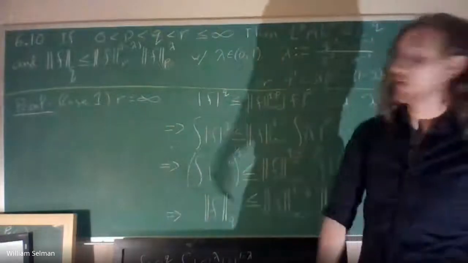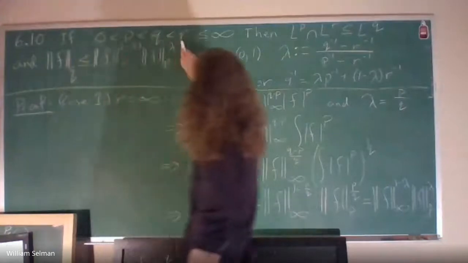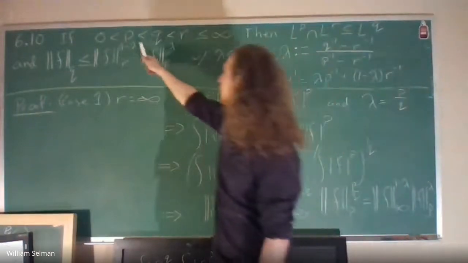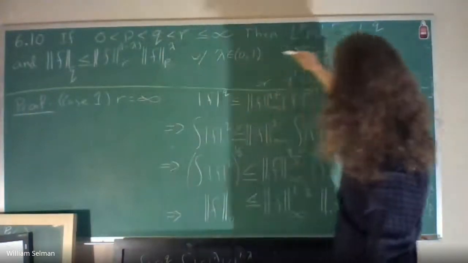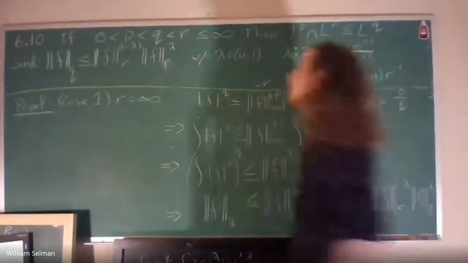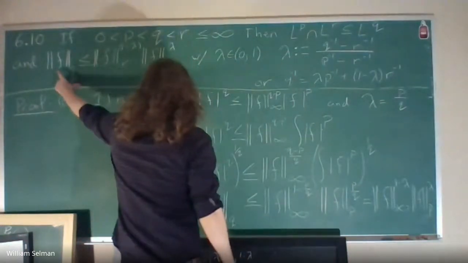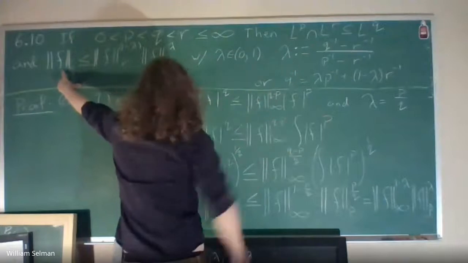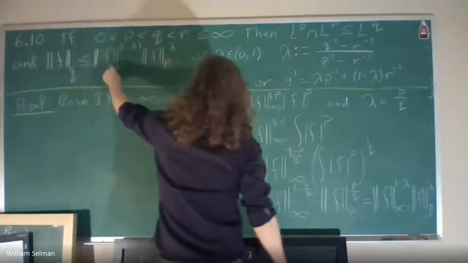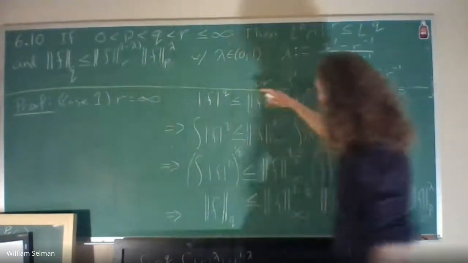We're going to start with 6.10. If we have three numbers p, q, and r, greater than 0 and less than or equal to infinity, with a strict inequality p < q < r, then L^p ∩ L^r is a subset of L^q, and we get this nice inequality, where for a function f in the intersection, the q norm is less than or equal to the r norm to the power 1 minus lambda, times the p norm to the power lambda.